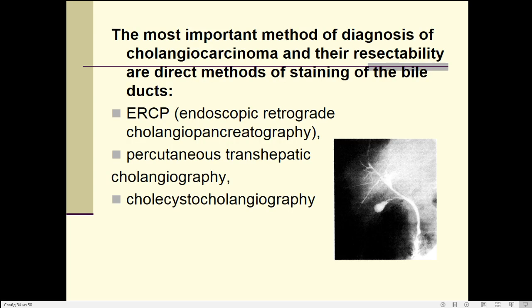The most important methods of diagnosis of cholangiocellular carcinoma and of determining its resectability are direct methods of contrasting the bile ducts: endoscopic retrograde cholangiopancreatography, percutaneous transhepatic cholangiography under control of ultrasound, and fistula cholangiography.